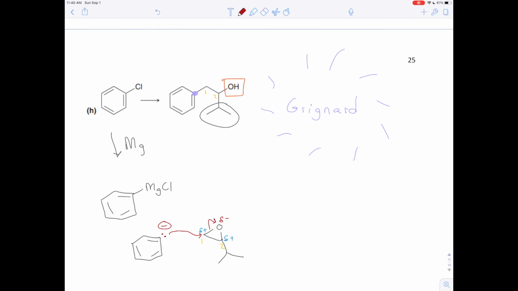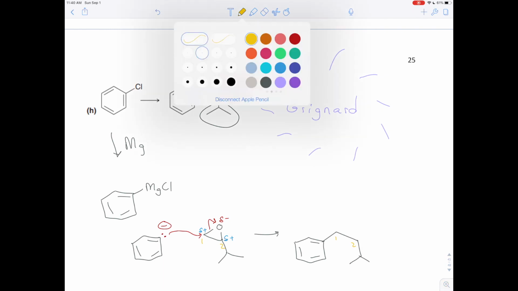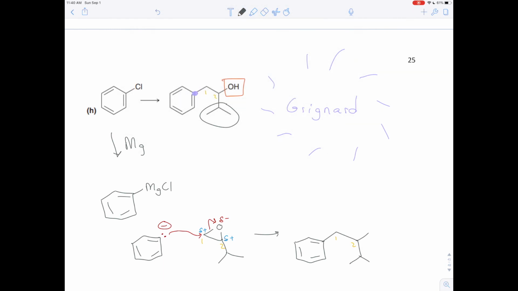To form that new bond, it has to break a bond. It breaks the bond to the oxygen. And so you end up getting, if you notice, those are our 2 carbons now. The oxygen was pushed off to the second one.